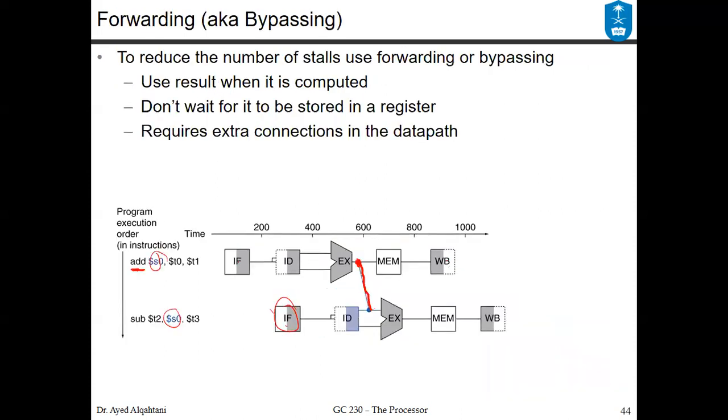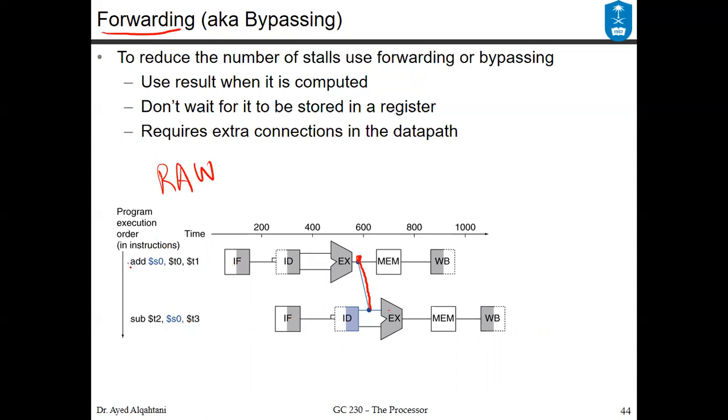But since now we are getting the data as early as possible, with the payment of more cost in terms of hardware, you can forward from this result to this input of the ALU in the next instruction. And this way you don't wait any extra cycles. So this helps us a lot. The forwarding makes the performance better by managing the RAW data hazard.